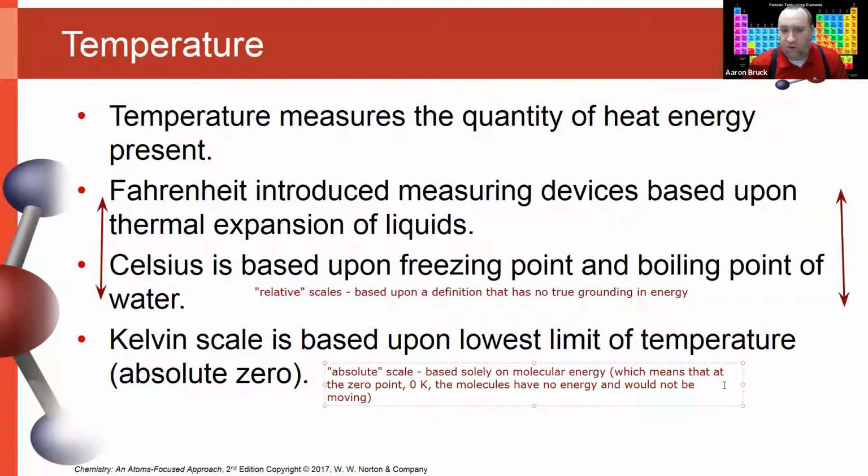And that's what we refer to as absolute 0. So the reason why the Kelvin scale is so favored has everything to do with this last fact. It's an absolute scale. We get an absolute definition of energy related to the temperature scale itself.